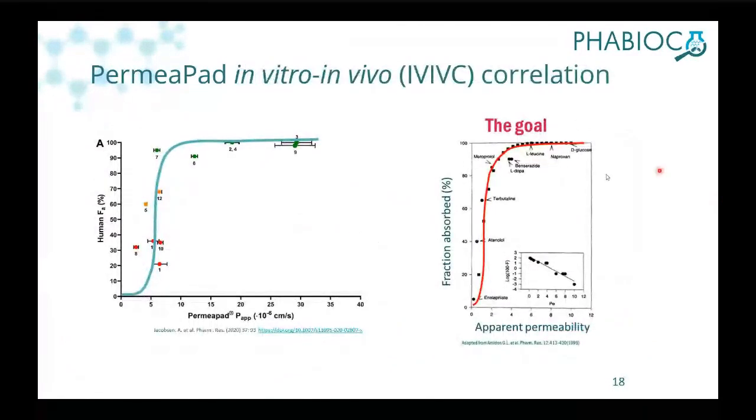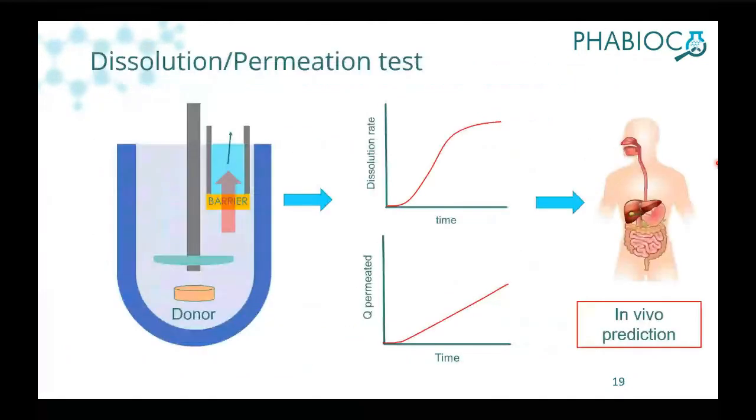And this is the fitting of 16 compounds investigated by Jacobsen that were compared with the human fraction absorbed, and the permeability measured for PermeaPad was in good agreement with the human fraction absorbed reported in literature for the compounds tested.